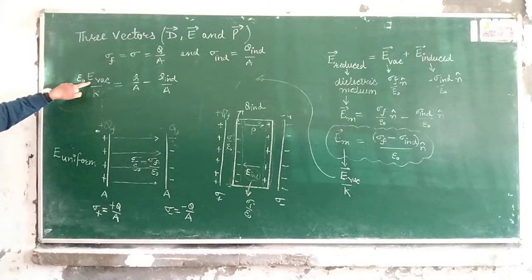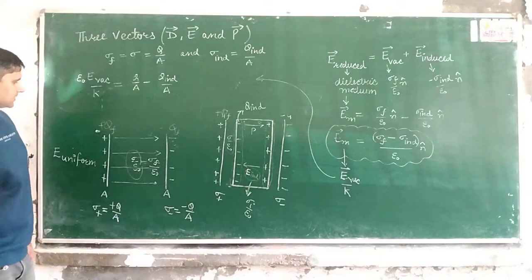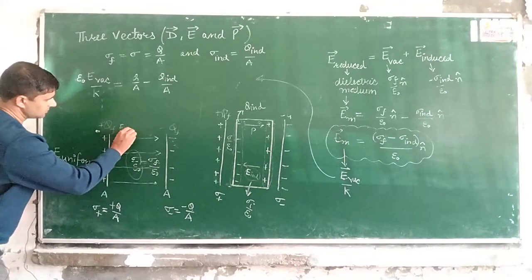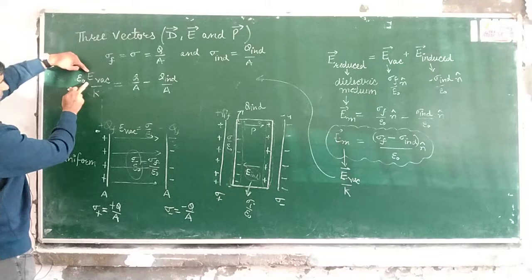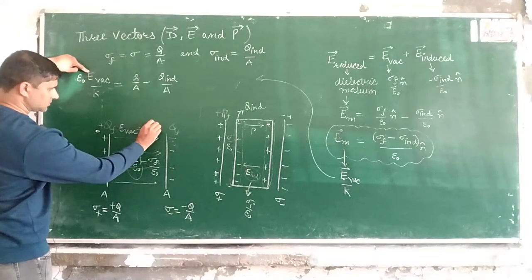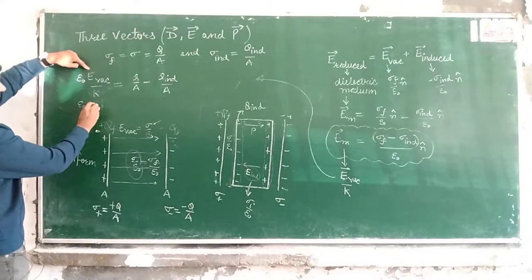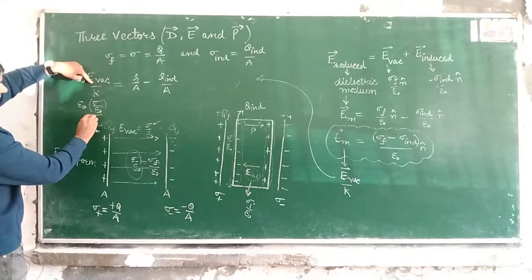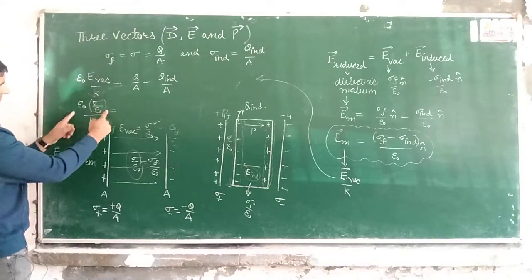And if you substitute the value of E vacuum, that is sigma by epsilon node, and the value of sigma free, then you will get sigma by epsilon node, which is the value of E vacuum, then you have K divided by K. Let us solve this first.